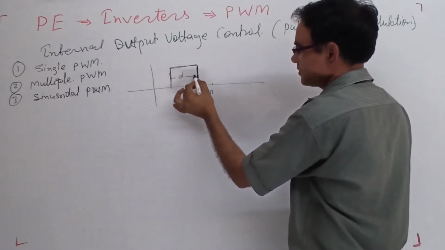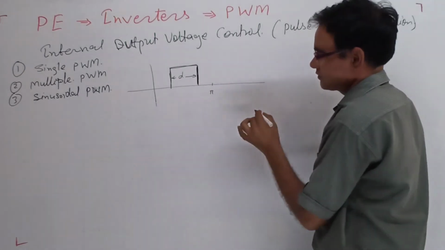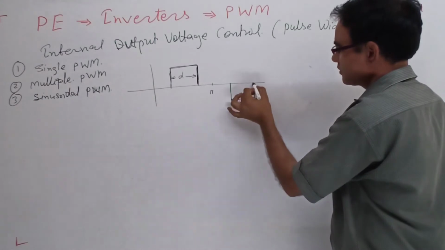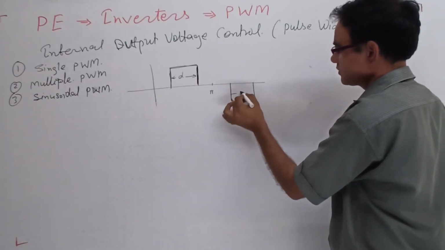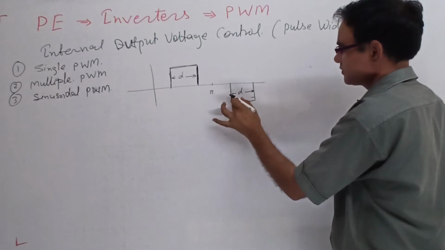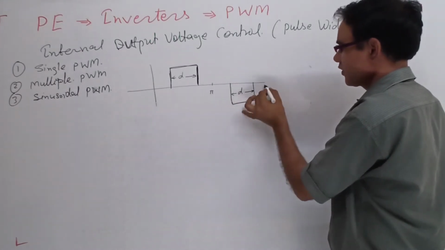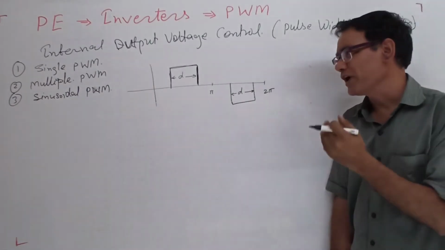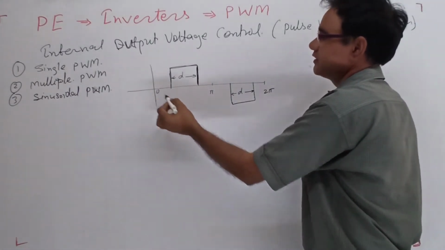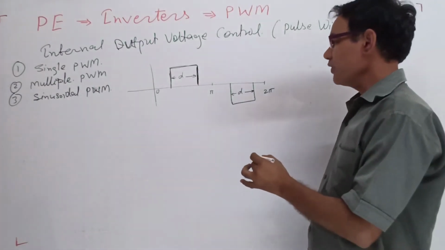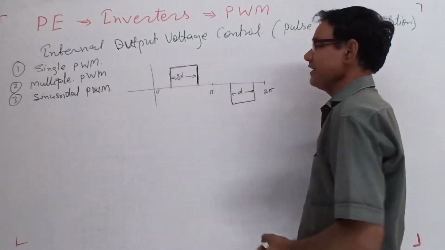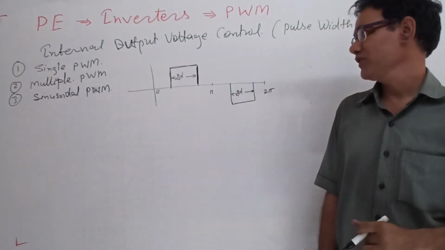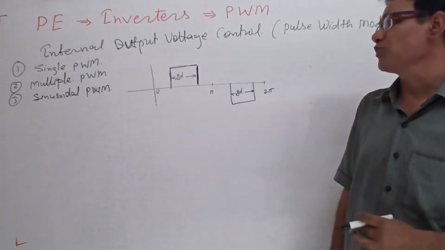At 2 pi, in between pi to 2 pi and in between 0 to pi there is a pulse, and the width of that pulse is 2d. That is a pulse of width 2d. It is known as single pulse width modulation.